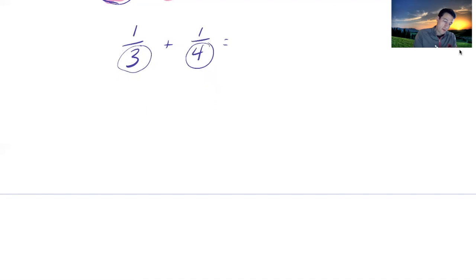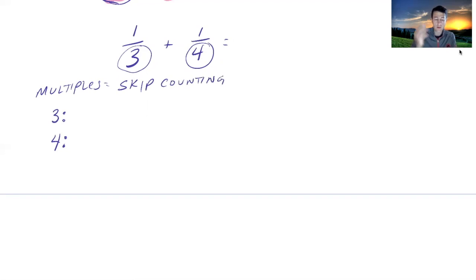But the most common method is you take your denominators and you're going to list their multiples. Now, multiples is basically what we call skip counting. If you remember, we talked about this during the course of the year. So skip counting is counting by that number.